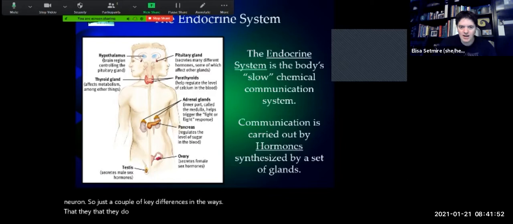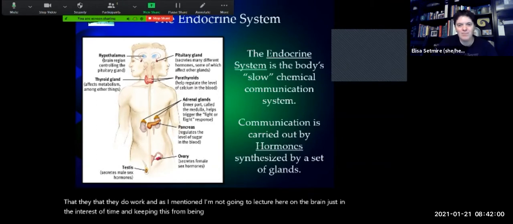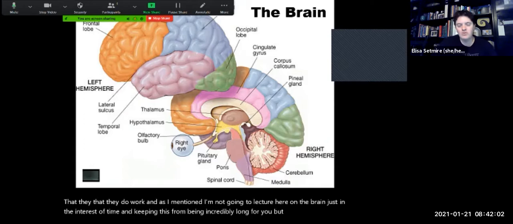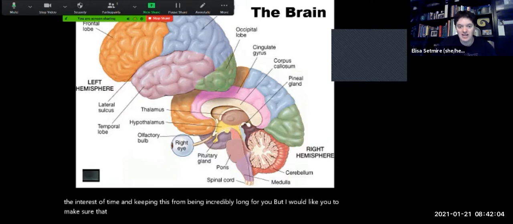And as I mentioned, I'm not going to lecture here on the brain, just in the interest of time and keeping this from being incredibly long for you. But I would like you to make sure that you review the slides on the ebook site for the brain, and also read the chapter elements related to the brain.